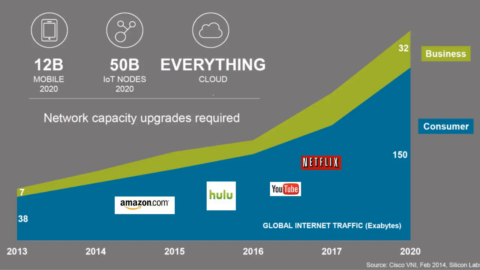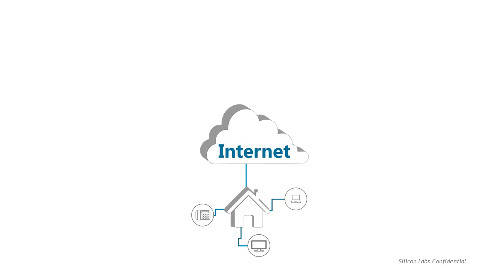Altogether, these demands that are shown on this slide are causing new solutions to be developed, and probably most of you on this webinar are addressing those challenges for the Internet infrastructure. So let's look at how we define the Internet infrastructure at Silicon Labs. We start by looking at the simple picture of our typical home with all of our growing need to access the Internet.